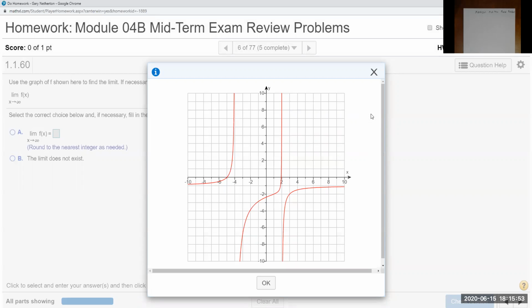I hope you all realize that you could think of infinity as the largest number you can possibly imagine. I mean, infinity means a huge, huge number. So when you look at a graph, what that says is you're trying to look at the function when x gets to be a really, really big number.